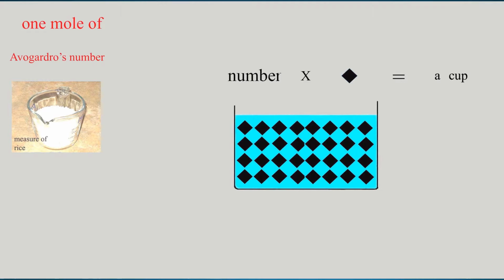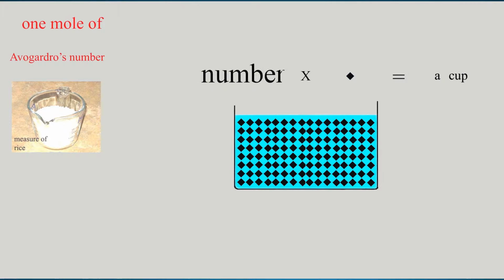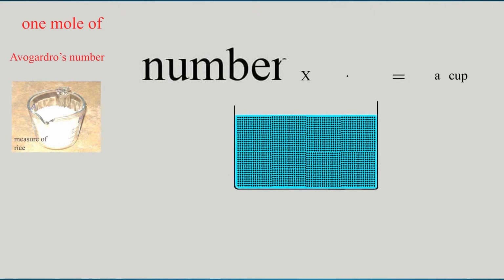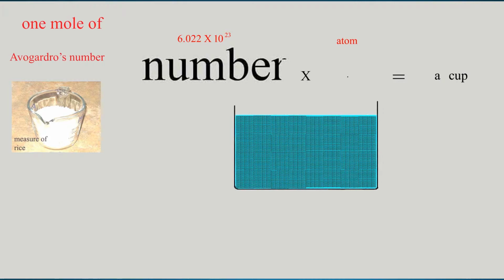And what happens if the particle goes smaller again and the cup doesn't change in size? The number goes bigger. What happens if this particle goes further smaller, and further smaller, and further smaller? You will expect the number to go bigger and bigger and bigger. And what happens if this particle becomes as small as a single atom?